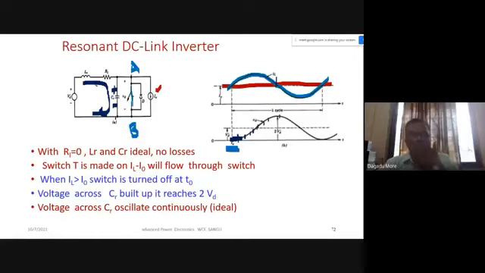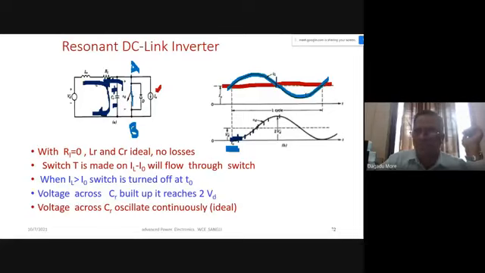Now what happens? Again this is an LC circuit, so this current will reverse its direction. Earlier it was flowing like this, now it will flow in this direction, and because of that our IL current will be this.